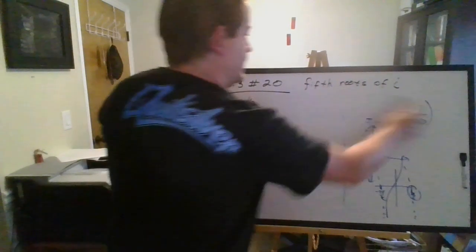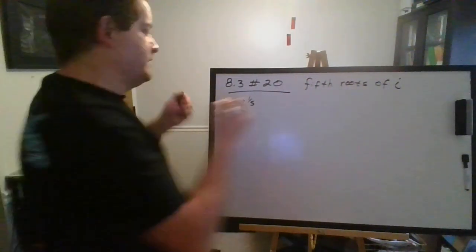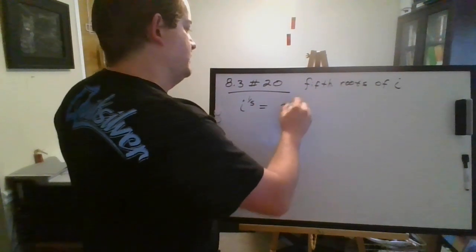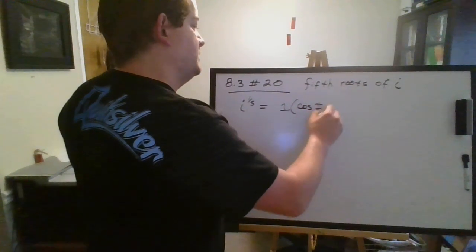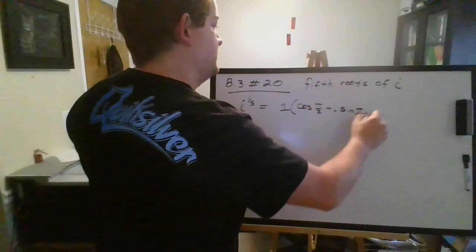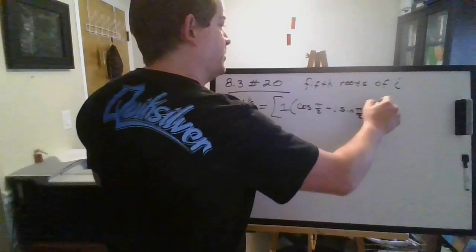And so I can rewrite I in trigonometric form as a radius of 1 times cosine of pi halves plus I sine of pi halves. And then all of this now is to the 1/5 power.